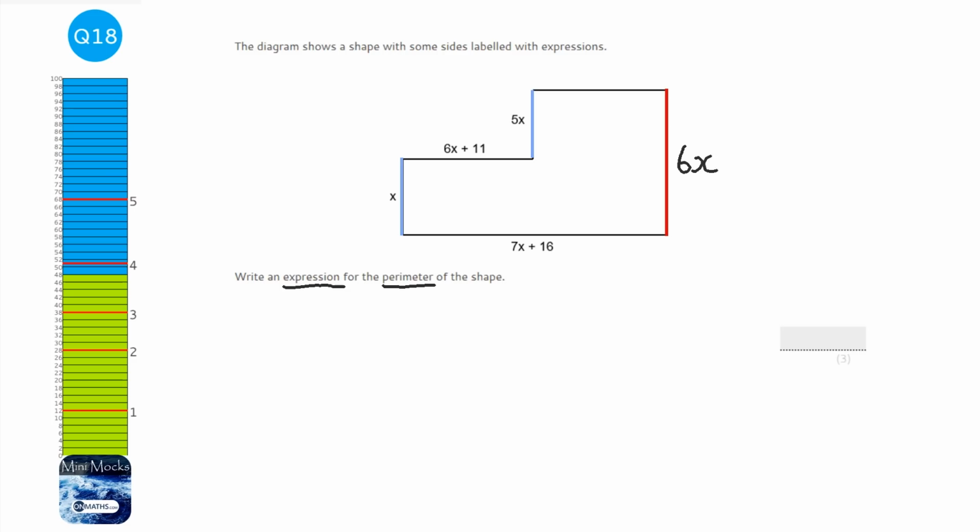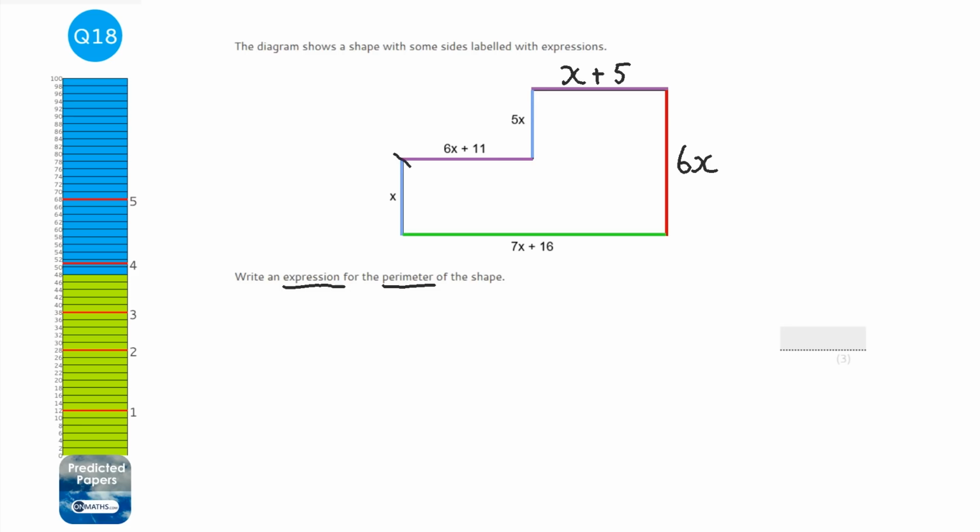Now, if the total distance across is 7x plus 16, and the bit we know is 6x plus 11, then the bit we don't know we'll have to add up together to make the 7x plus 16. So we need another x and we need another 5.